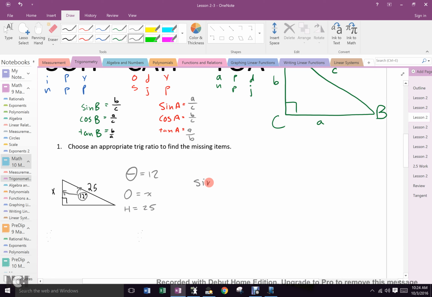So sine 12 equals O over H, x over 25. Numbers on the bottom. So I multiply both sides by 25, and I get x equals 25 times sine 12, which is what? 5.197. I will accept 5.2. Got it? Nothing changes. Okay?